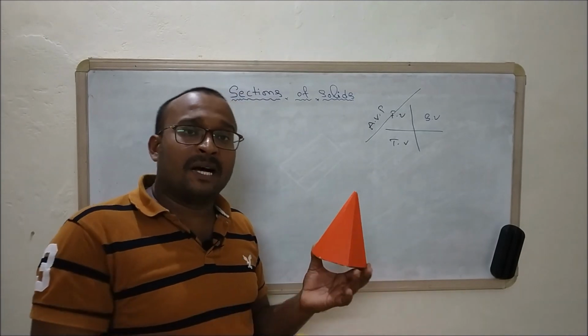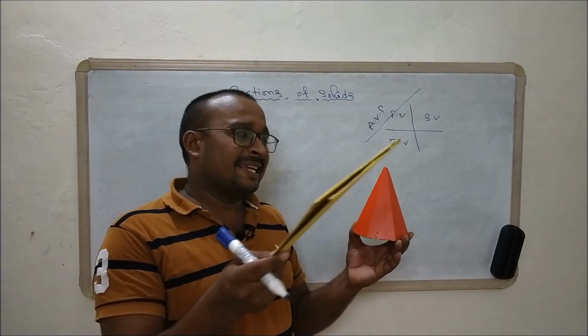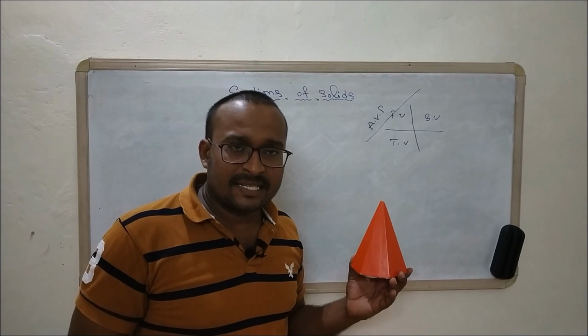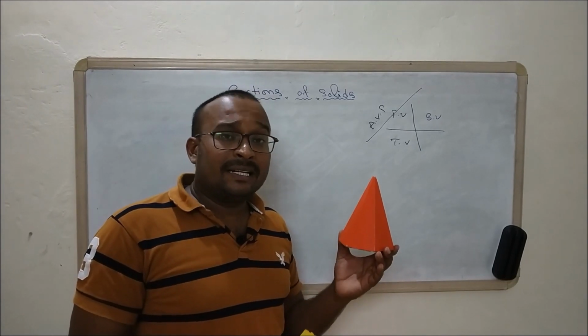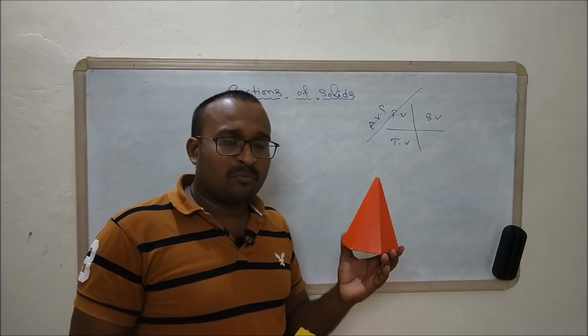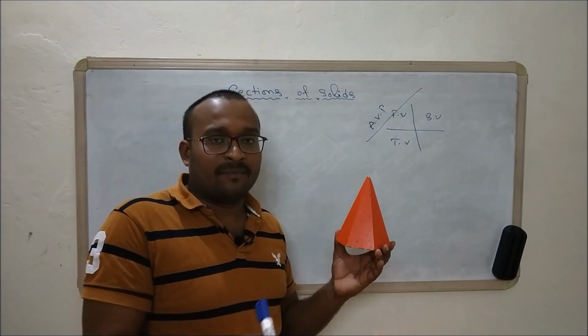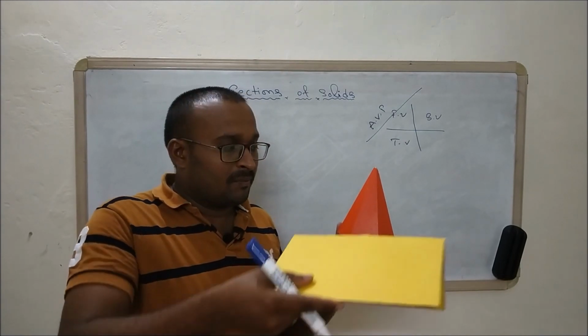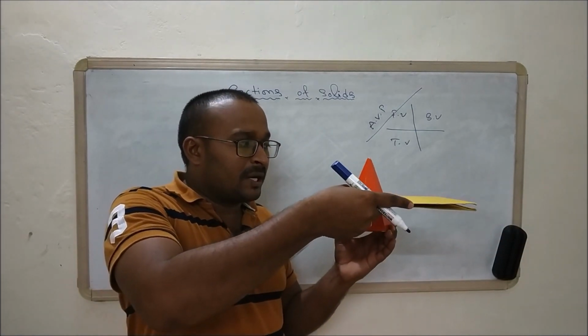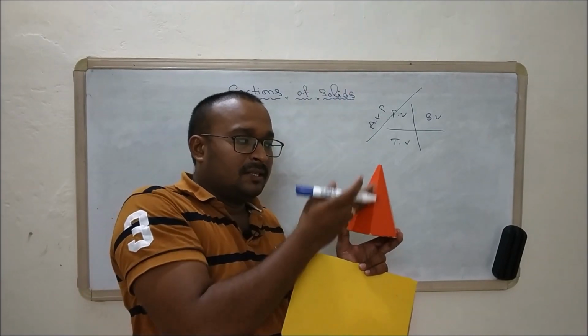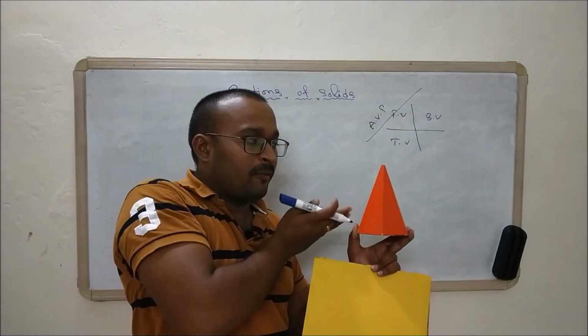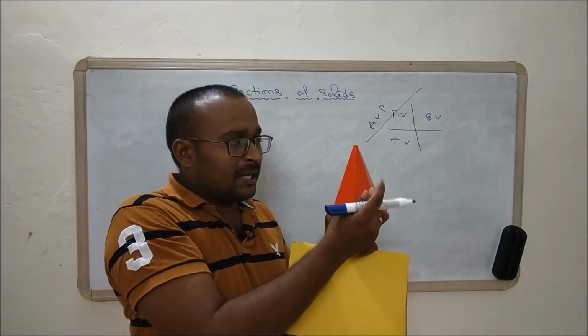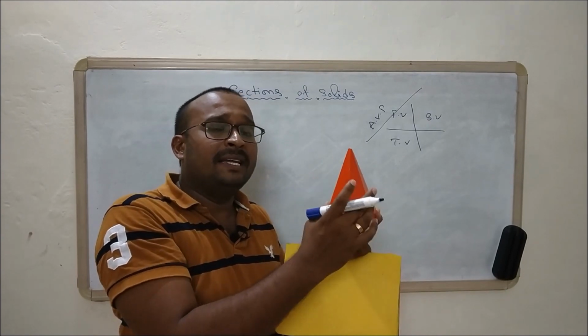That will be possible by sectioning it. Sectioning means we cut an object using an imaginary plane. By using an imaginary plane, we cut that particular solid either this way or this way. Then automatically the inside information will be obtained.